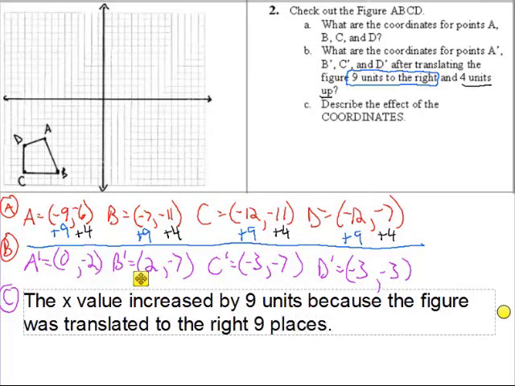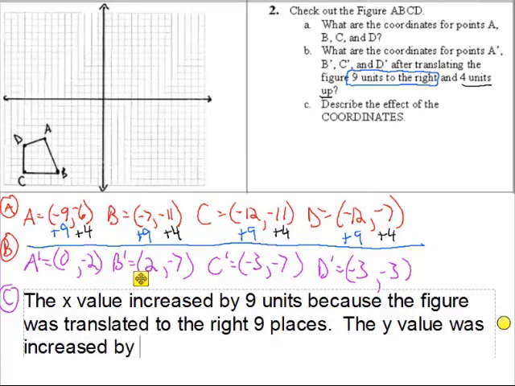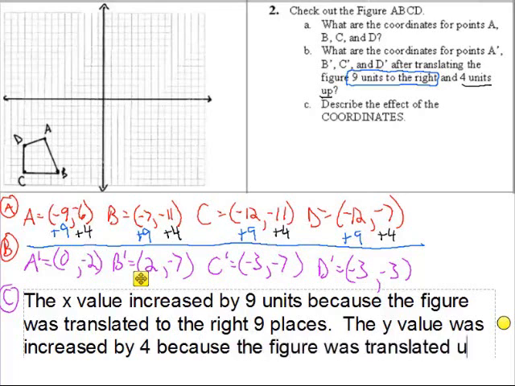Okay, and then the y value was increased by 4 because the figure was translated up 4 units. Okay, something to that effect. You get the general idea.